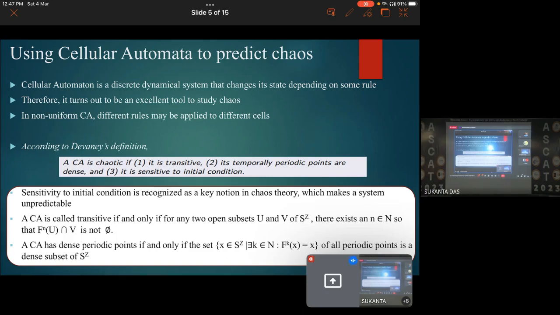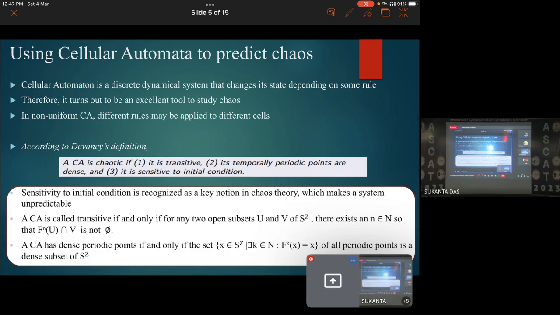Also the CA is transitive if and only if for any two open subsets U and V there exists a number such that if we apply the function on the configuration U, it will reach some other configuration V. That basically means that there are many configurations within this evolution, and if we start from one configuration we will definitely reach another configuration. Why?